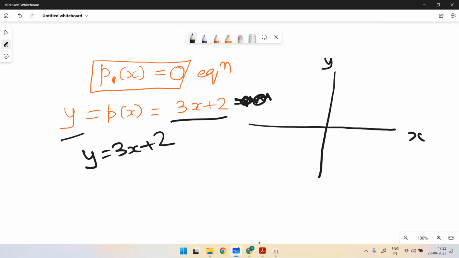It implies that if x equal to 0, y is 2. So the point will be here. If y equal to 0, x is minus 2 by 3. 2 by 3 is 0.67. Like something here. And if you join these two, it will give you a line.